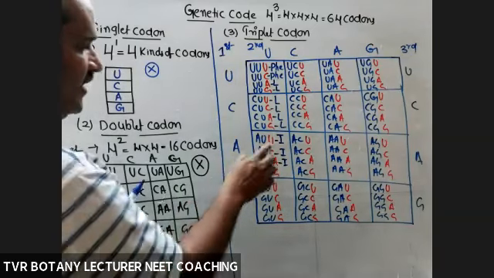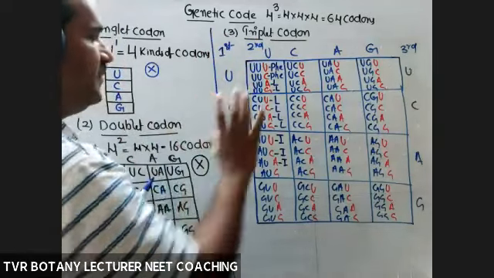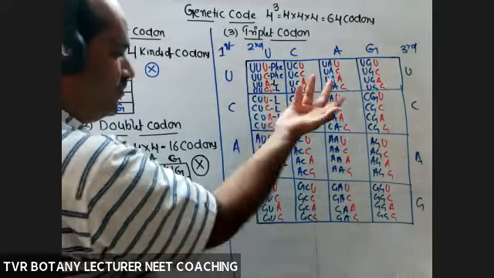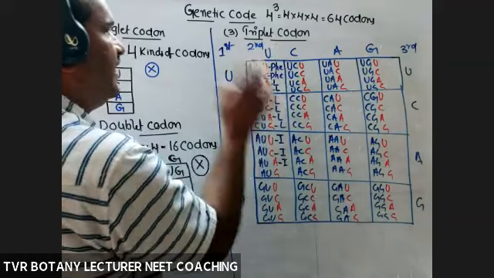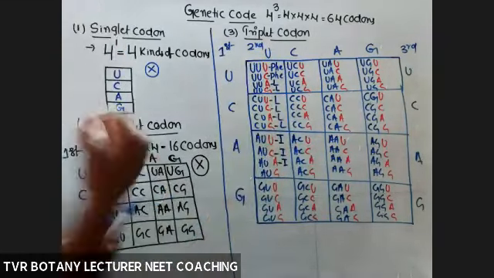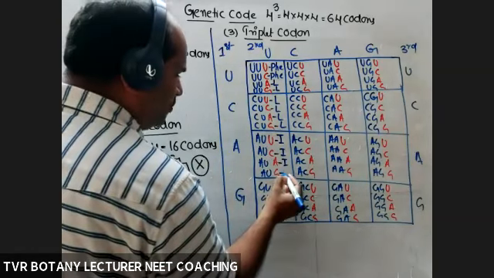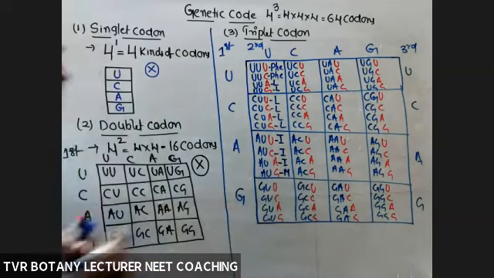See now you'll get I P L. So this is a way to remember, but it is in a different order. Remember like that, IPL. So first box, second box, third box, with the help of IPL you can memorize it. And AUG always codes for methionine. Okay, IPLM. Remember like that.